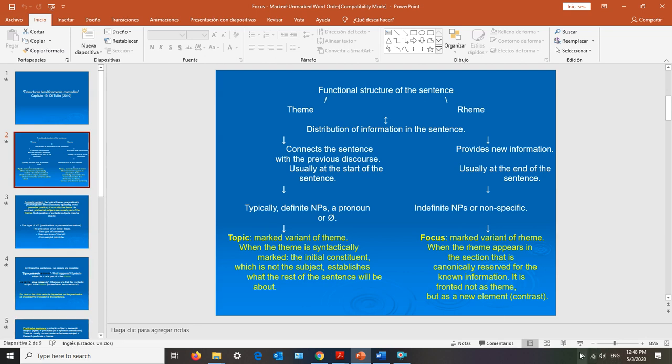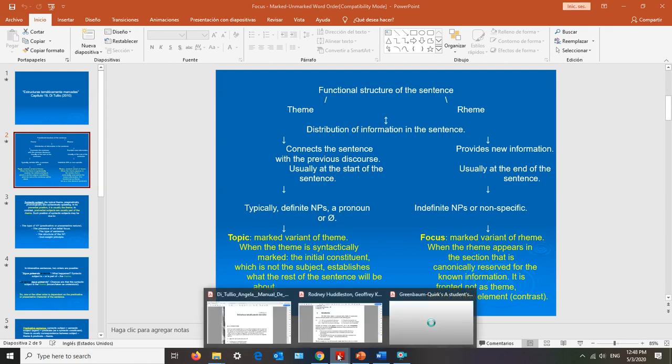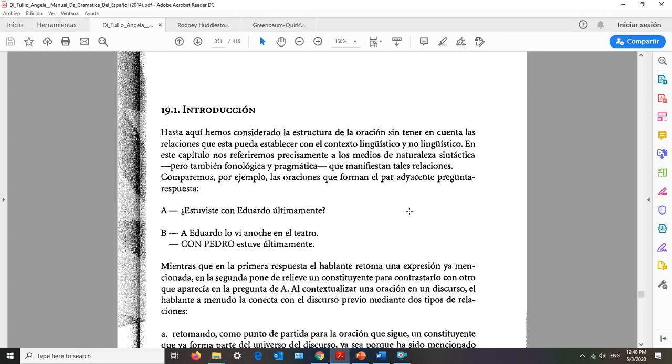She begins the chapter by acknowledging that in chapter 6, for example, La estructura de la oración simple, what she does is consider the structure of the sentence without any consideration for the relationship that the sentence can establish with the linguistic co-text and the non-linguistic context in which it is used.